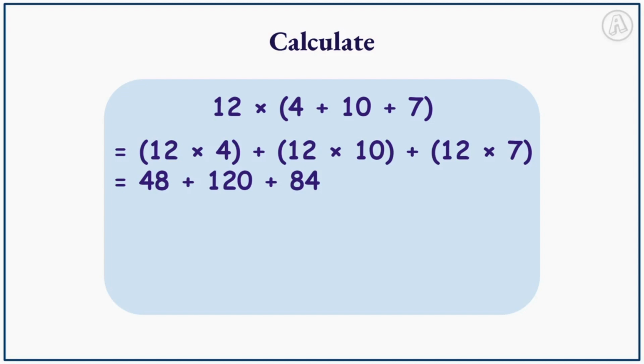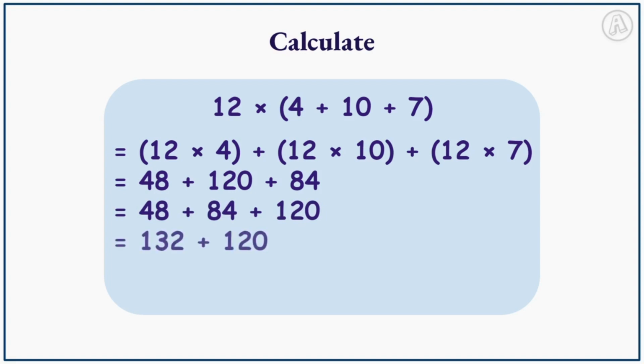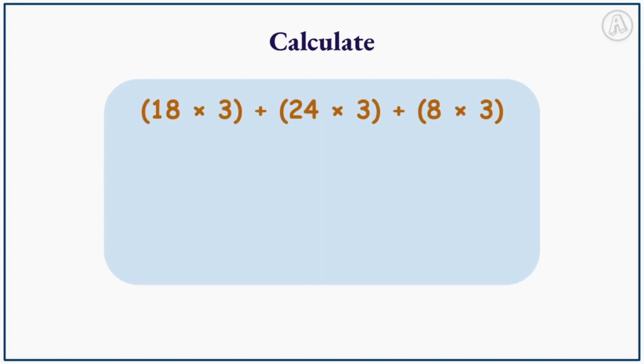You could even use the associative property to make this calculation easier. We could start by adding 48 to 84, which equals 132. 132 plus 120 equals 252. Let's look at the next example.